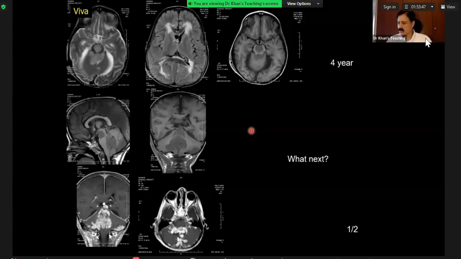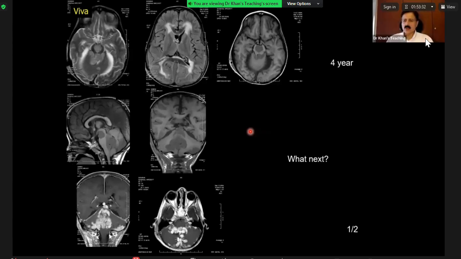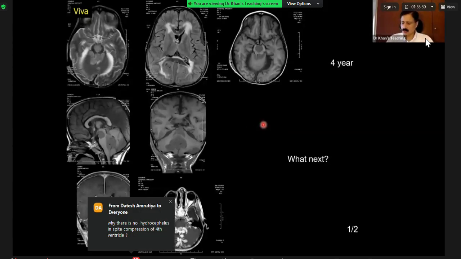So what is your conclusion as far as differential is concerned? I'm concerned that this is a pontine glioma or a glioma. Okay, so yeah. Some of the thought process was good, and some we will slightly elaborate on that further.